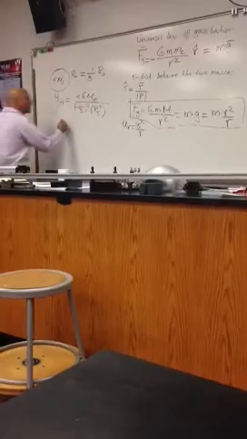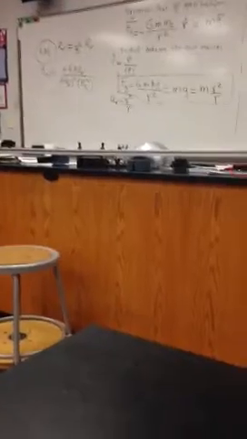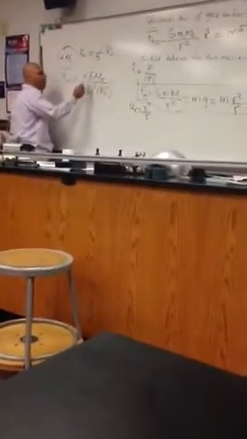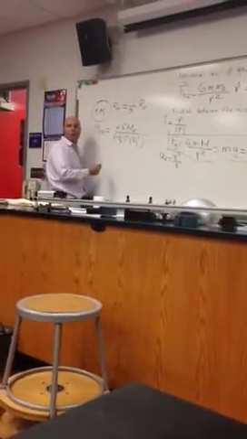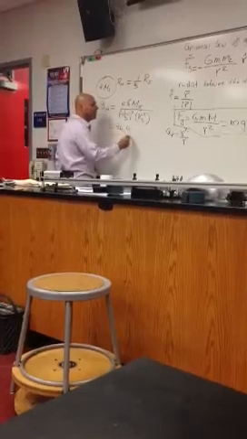So how many times is the gravity greater than the gravity on the sun? 4 nines. This is 9, and if you multiply by 4, what will be? 36. So it will be 36 times the gravity on the sun.